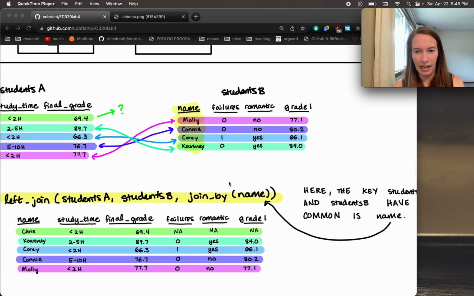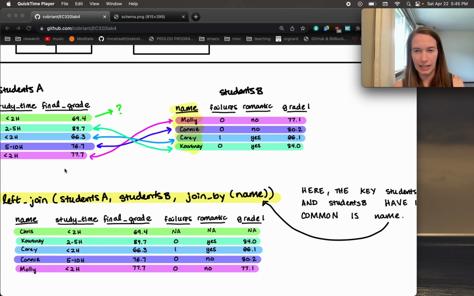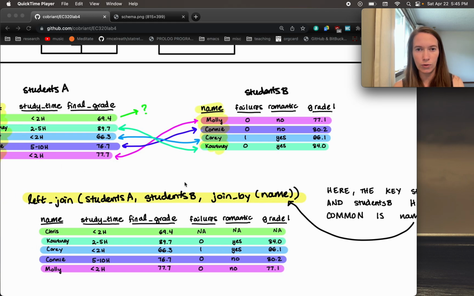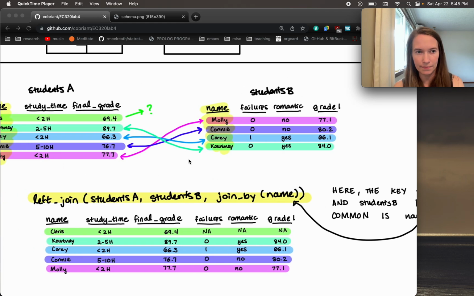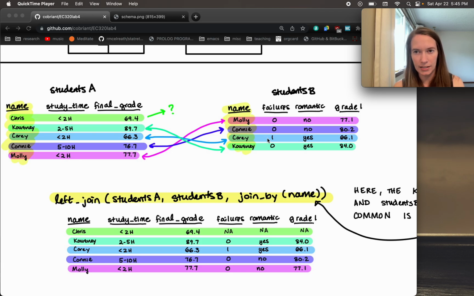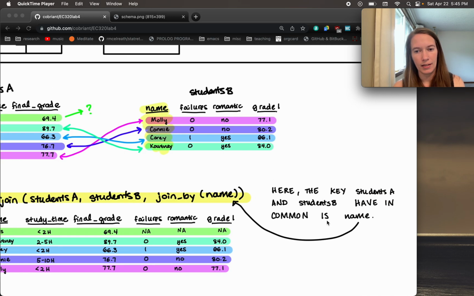Here, the variable name is the key that these two tibbles have in common that allows us to match the information. So you have to say join by name. I say here the key students A and students B have in common is name.